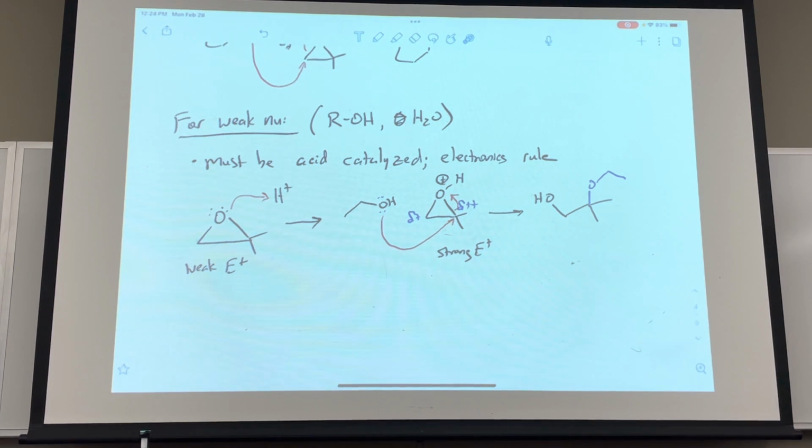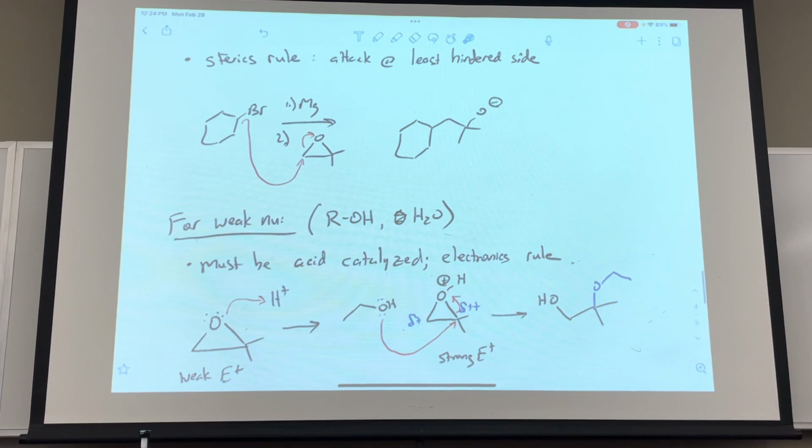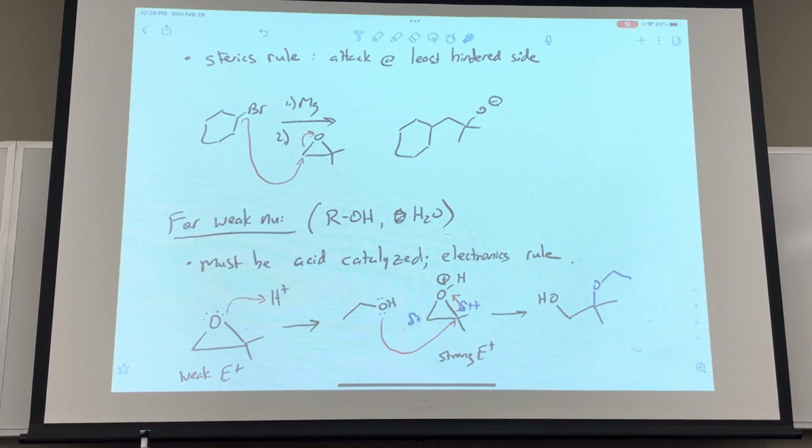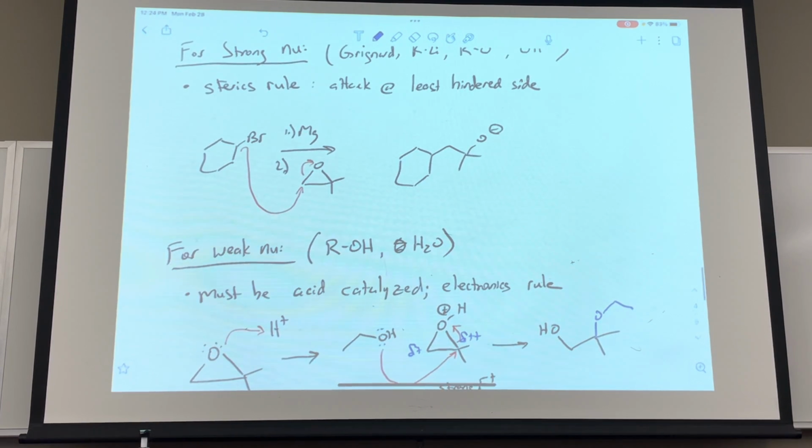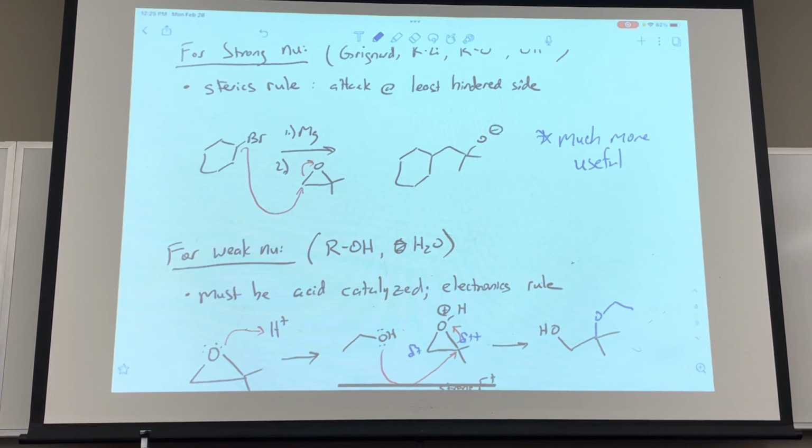So you could probably see, looking at these two examples that we've seen up to this point, one of these is much more useful than the other. These guys are much more useful because it allows you to make carbon-carbon bonds, right? You can build out a carbon skeleton using the strong nucleophile situation.